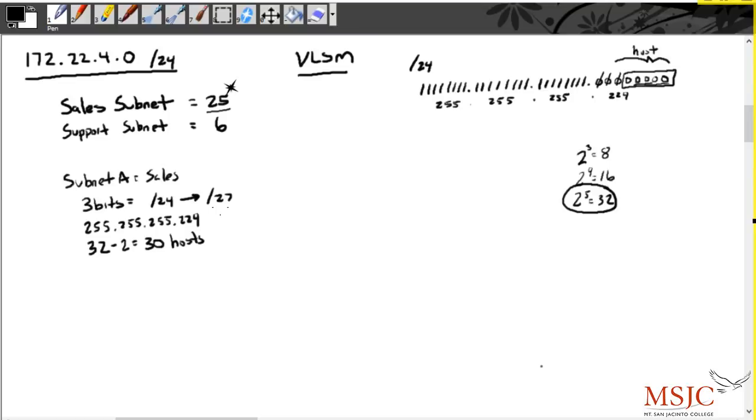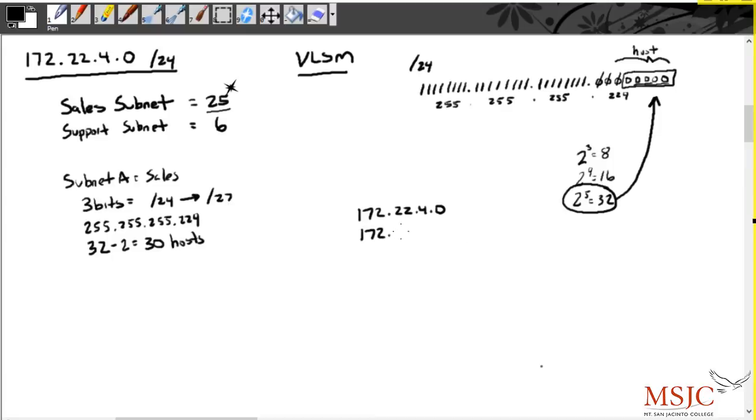So now the question becomes, what are the network IDs for this subnet? The first one is going to be 172.22.4.0, and we know that because we always start with the first one. The next one is going to go up in increments of the block size. In this case, we have 32 possible IPs per subnet, so we're going to go up in increments of 32.